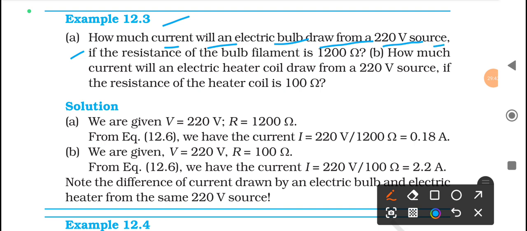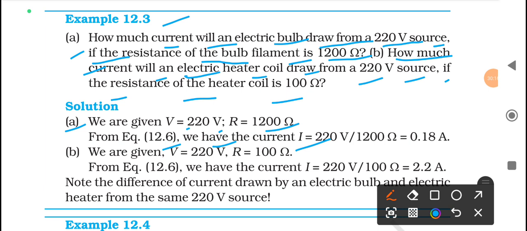Example 12.3. How much current will an electric bulb draw from a 220 volt source if the resistance of the bulb filament is 1200 ohm? How much current will an electric heater coil draw from a 220 volt source if the resistance of the heater coil is 100 ohm? We are given V is equal to 220 volt, R is equal to 1200 ohm.